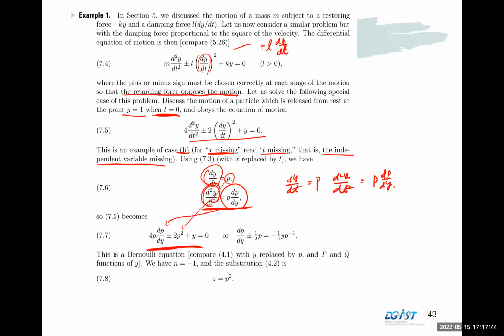Or if we divide by 4 pi on both sides, we have this one. So this is one example of the Bernoulli equation, for the case of n equals -1. So we can introduce a new variable g, which corresponds to p square.